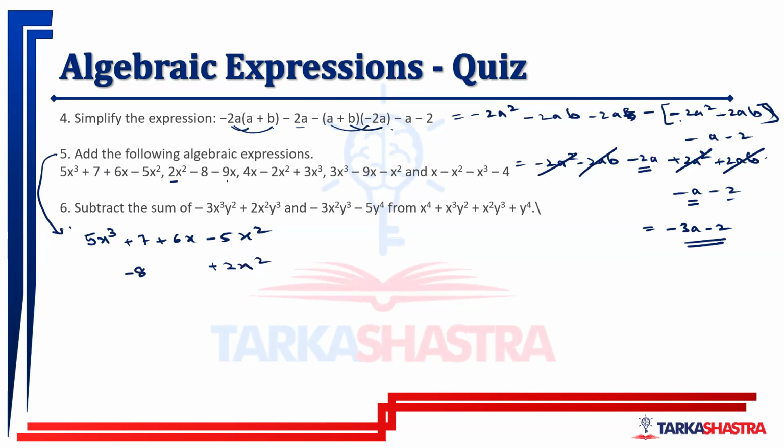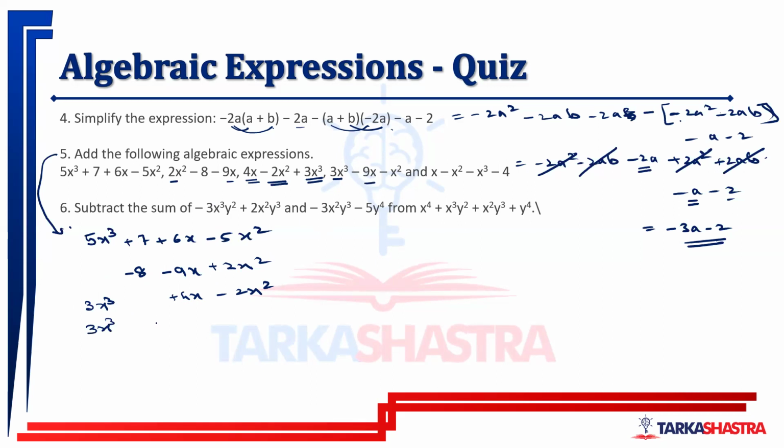Minus 9x. No term with x cube. Then we have 4x. So plus 4x. Then minus 2x squared. Then positive 3x cube.